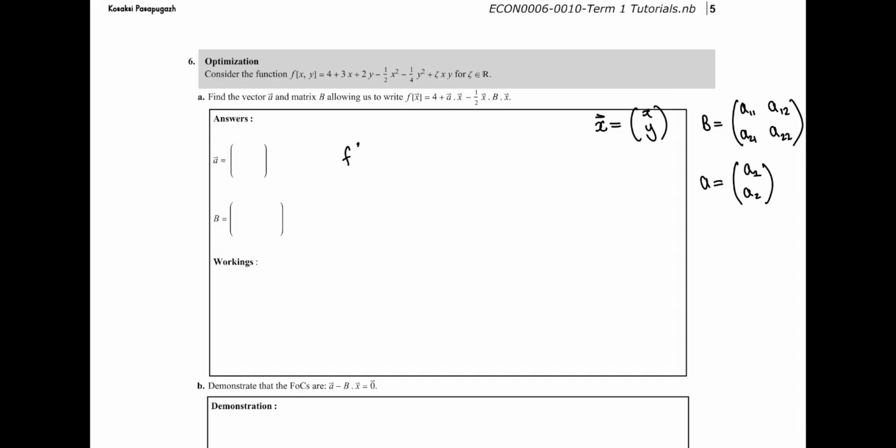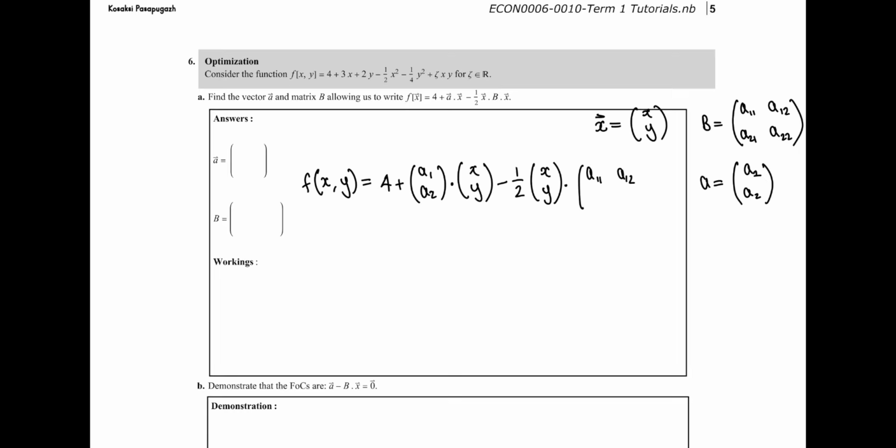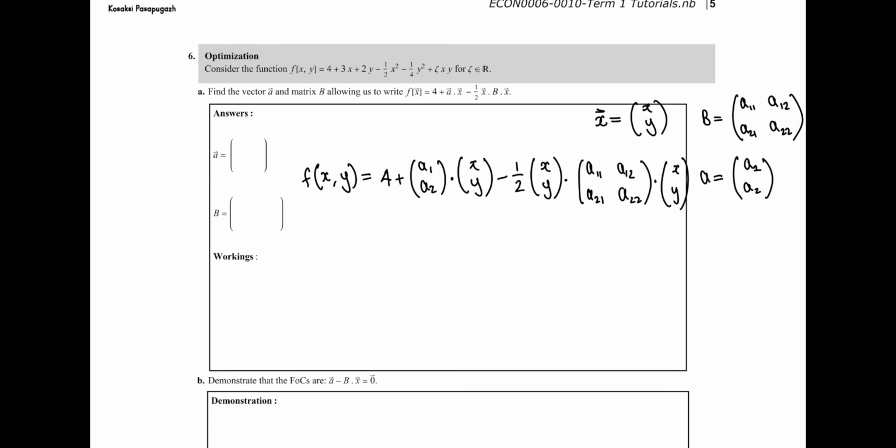If I now sub this in, you'll get 4 plus a1, a2 dot x, y minus a half x, y dotted with a11, a12, a21, a22 dotted with x, y.